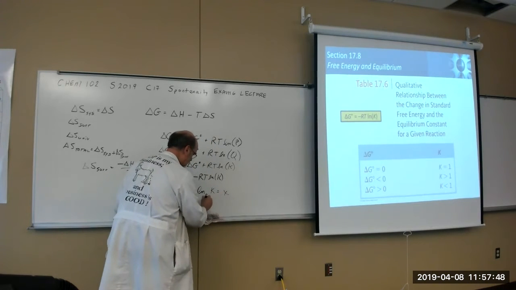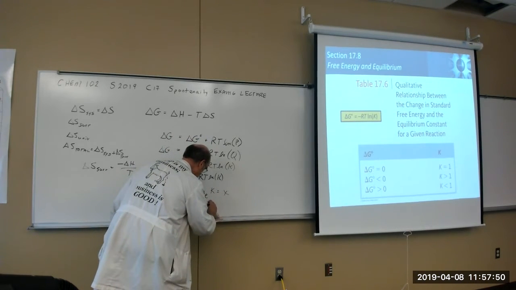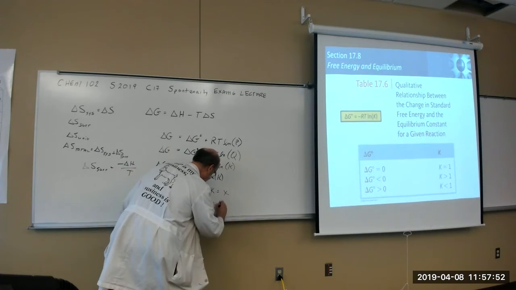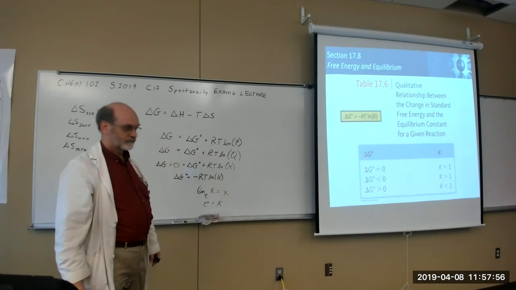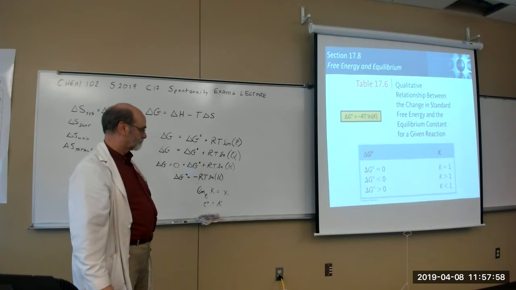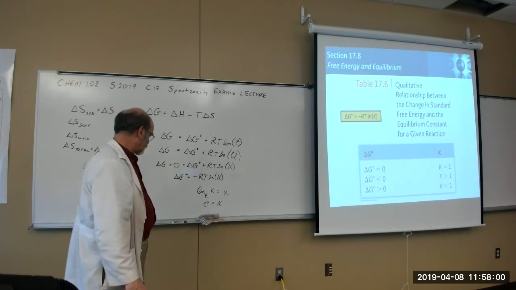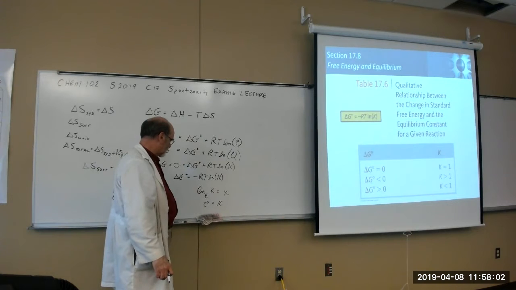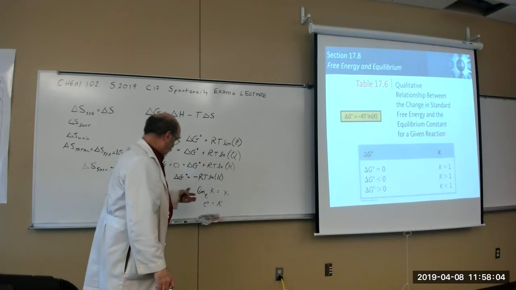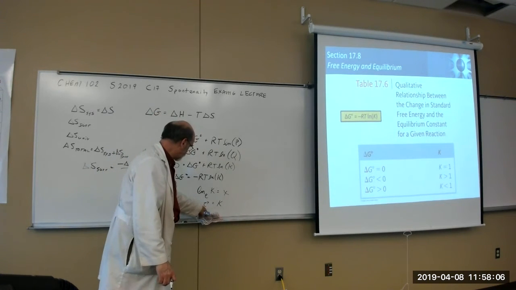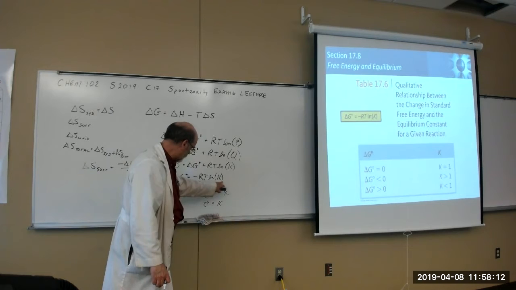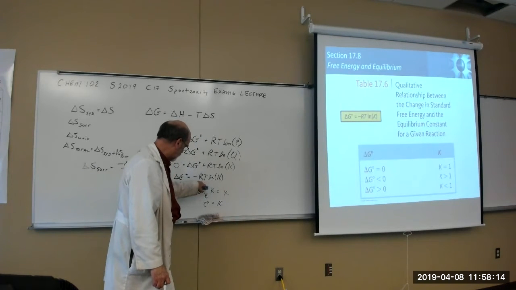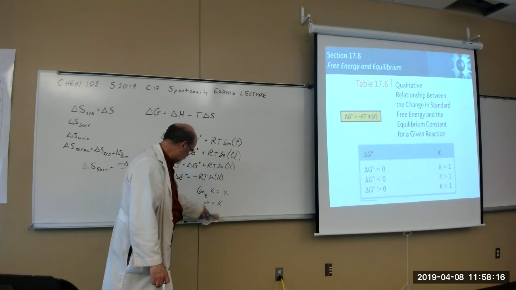Let's just say X. E to the X is equal to K. Right. So under what circumstances would this value be equal to 0? If this is 0, then that value has to be 0 because these are positive values. So that one has to be 0.